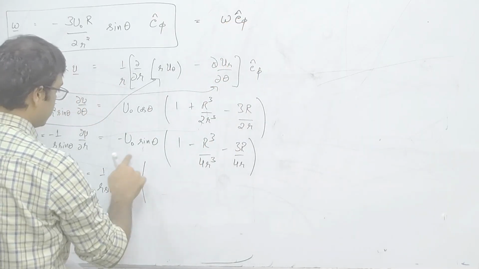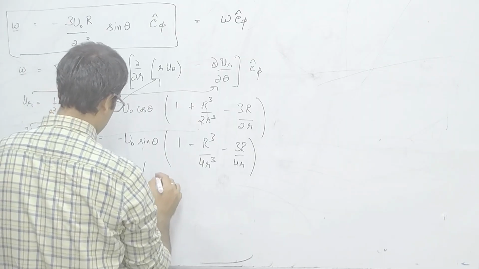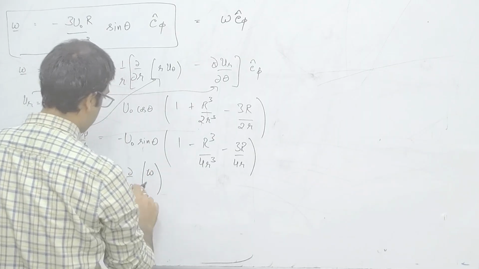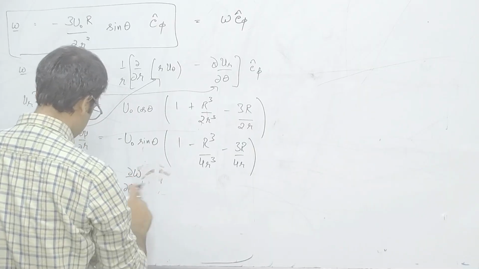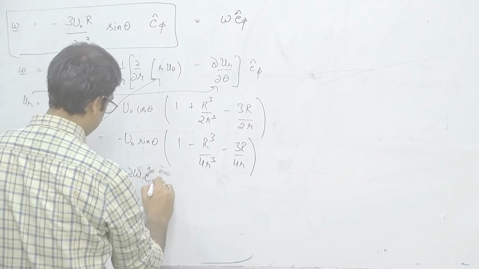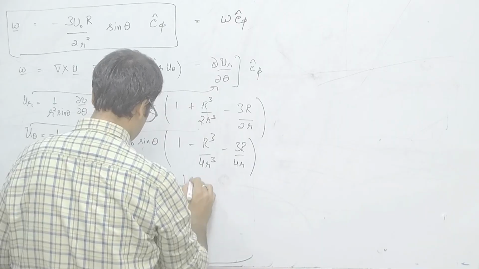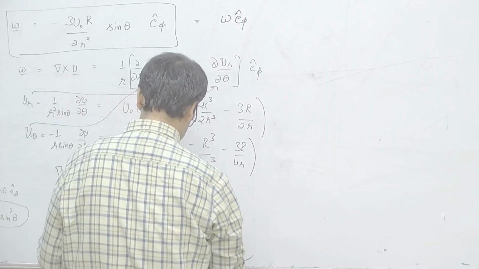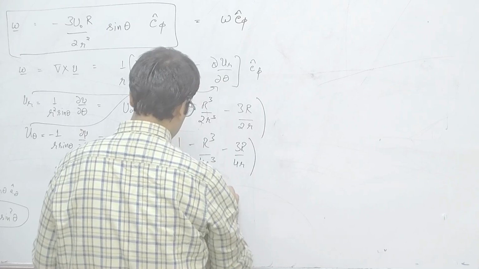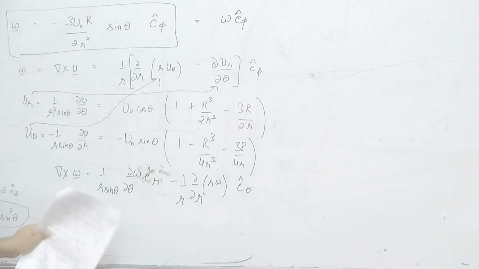So this will be 1 by r sine theta del omega by del theta. This is the e hat r component, and then we have minus 1 by r del by del r of r times omega e hat theta. So this is what you will get for del cross omega.